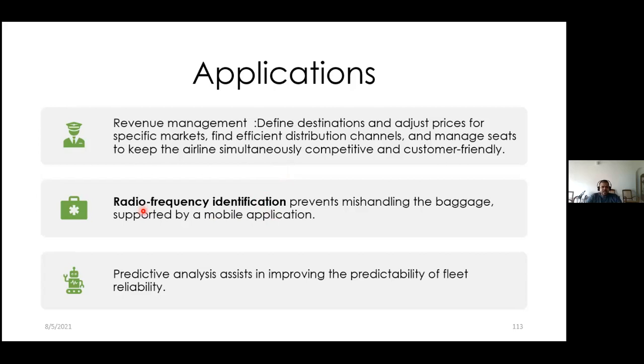Then another thing is radio frequency identification, which of course at Bandaranaike is not so big. I don't know whether there's a huge baggage issue, but if you take JFK, or even Malaysia, there are millions of bags that go missing, right? It's either mishandled or lost in transit.